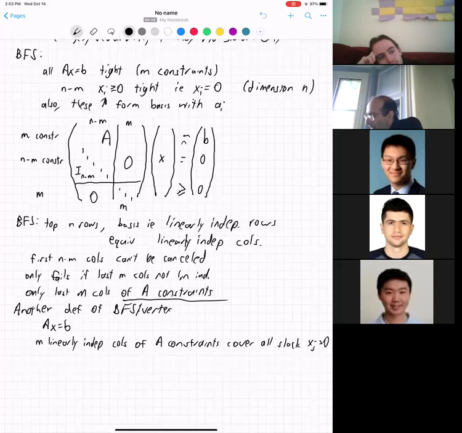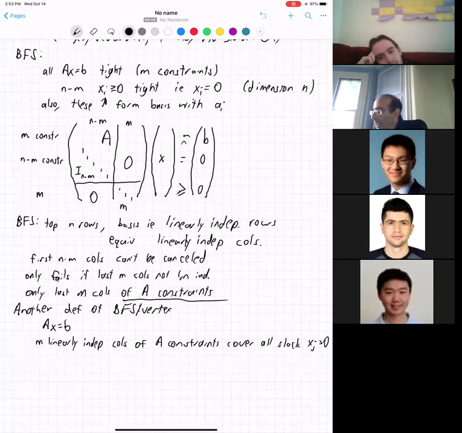Why is that a basis? It's a basis because we start with these m linearly independent columns, so those can't sum to 0, regardless of what coefficients we combine them with. We then look at the other columns of the upper matrix, which includes the top part of the identity matrix. And so those columns also cannot sum to 0 with any coefficients, because those entries from the identity matrix will never get canceled out.